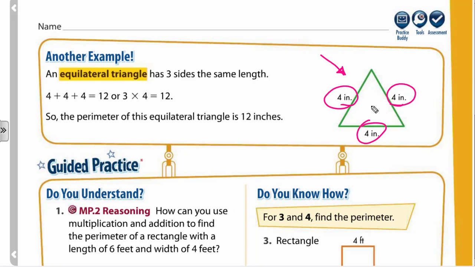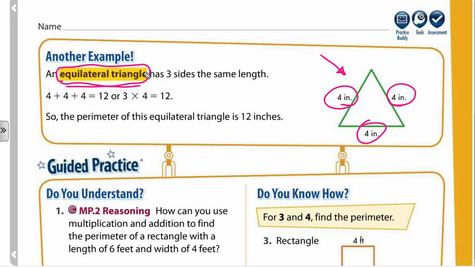Okay, so my heroes, this is a triangle and the 3 sides have the same length, and we call this triangle an equilateral triangle.